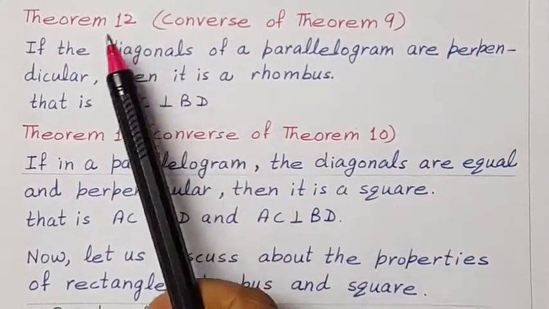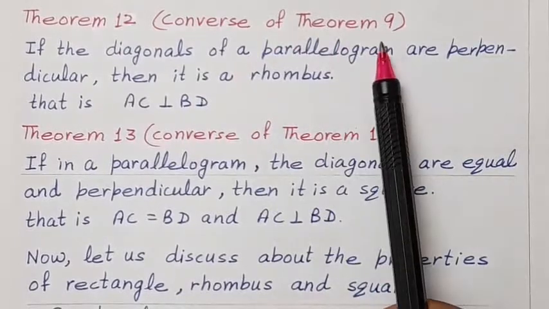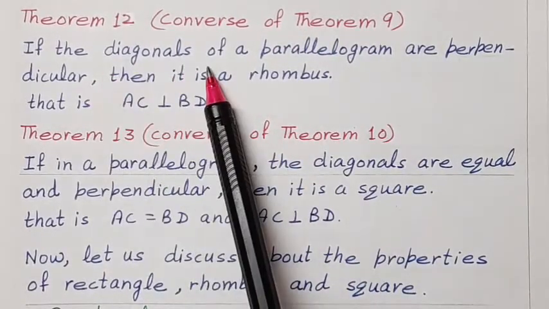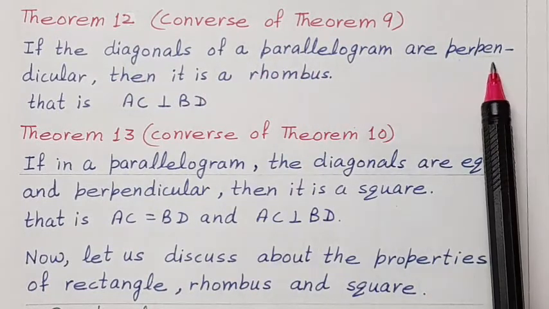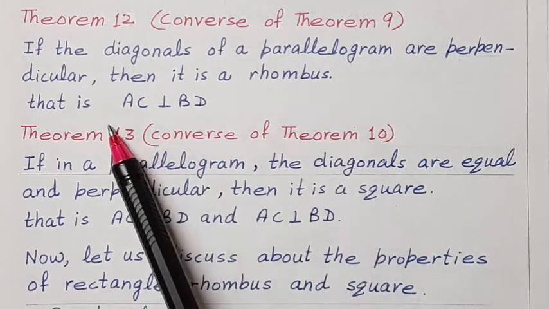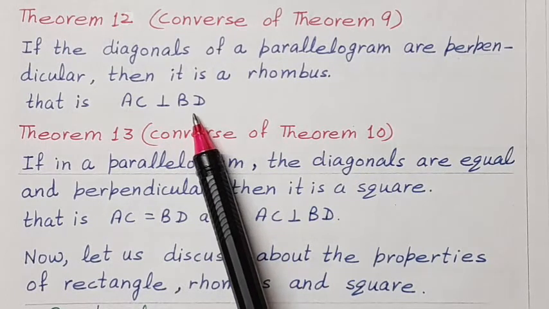Now the next theorem, number 12, is converse of theorem number 9. That is, if the diagonals of a parallelogram are perpendicular, then it is a rhombus. That is, AC is perpendicular to BD.